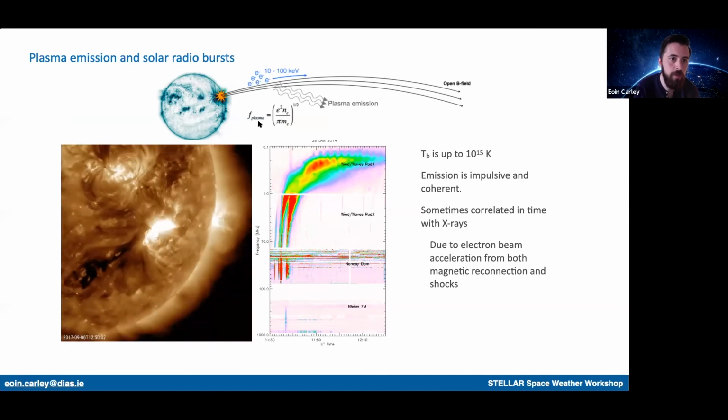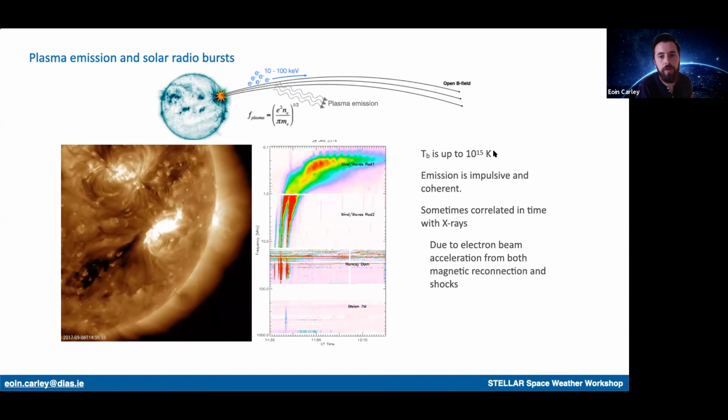The frequency that you observe is dependent on the electron density, as I showed, and as the electron density drops, the plasma emission from a type 3 beam, as we've seen in frequency versus time, looks a bit like this. You get lower frequencies over time. The brightness temperature of plasma emission tends to be really high. In, say, 100 megahertz, it could be 10 to the 9, 10 Kelvin.